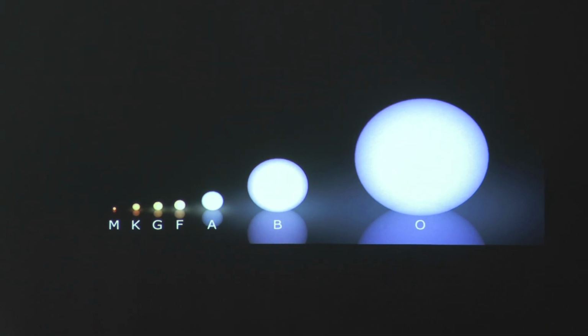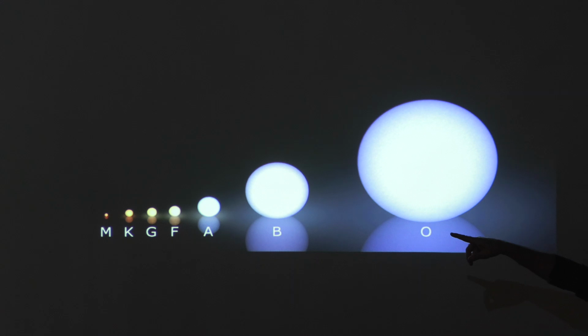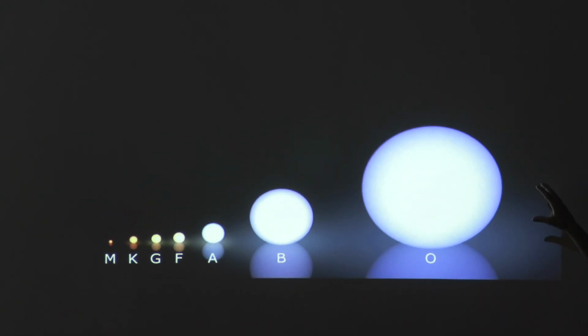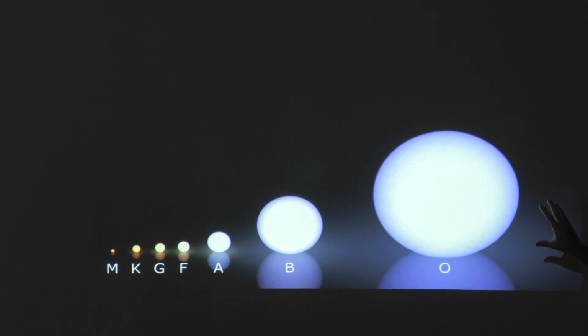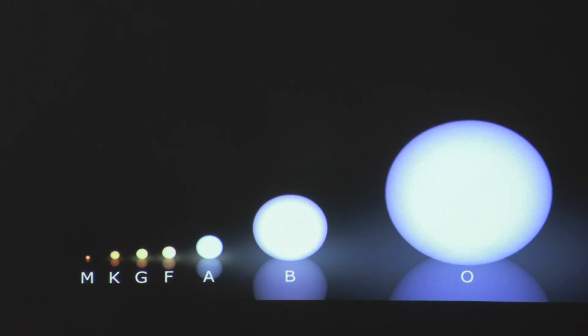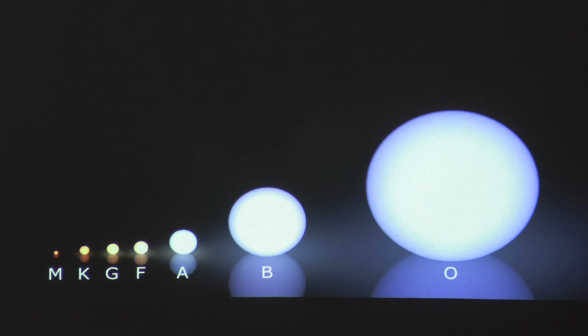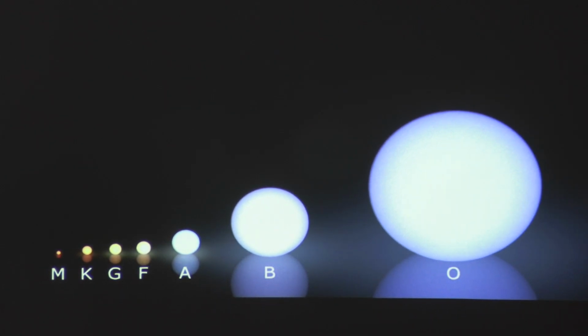And these are the stars, they go from M, the smallest red dwarf stars, all the way up to O, the largest stars. And I'll start with the M stars. The M stars can be as low as 8% of the sun's mass. Very small stars. And then you get up to the sun, which is considered a G star from its mass, and then F, a little bit bigger, and you get up to the O's.